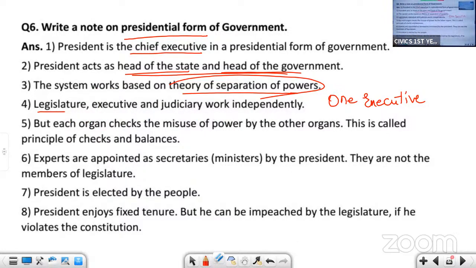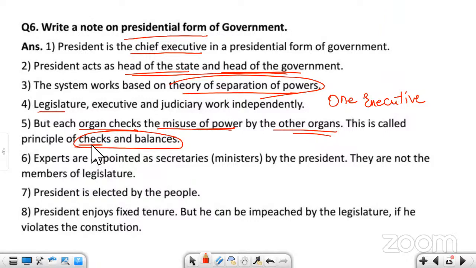They work independently, and each organ checks the misuse of power by other organs. So what is this principle called? It is called checks and balances. What happens here? All the organs will check whether the other two organs are misusing their powers, and they will balance it there. So that is why it is called checks and balances.